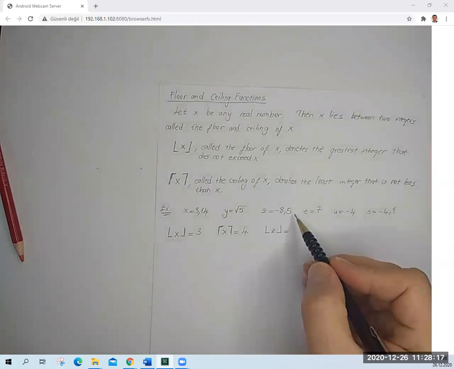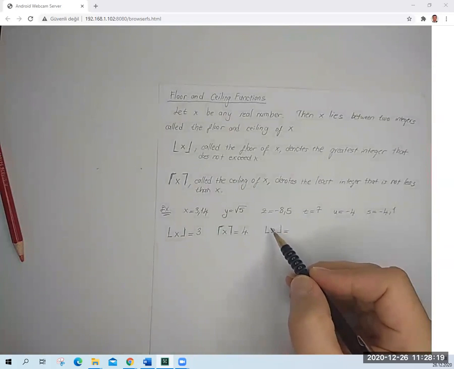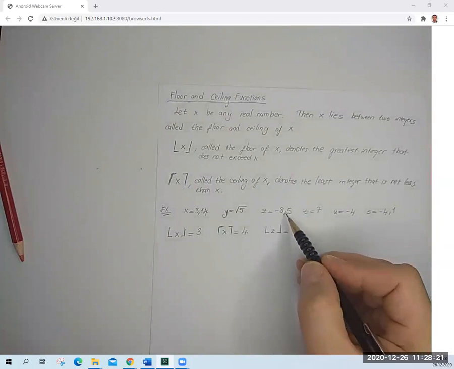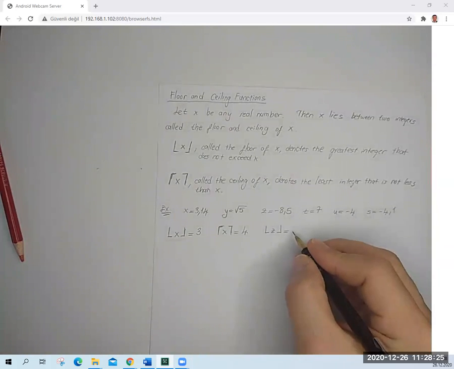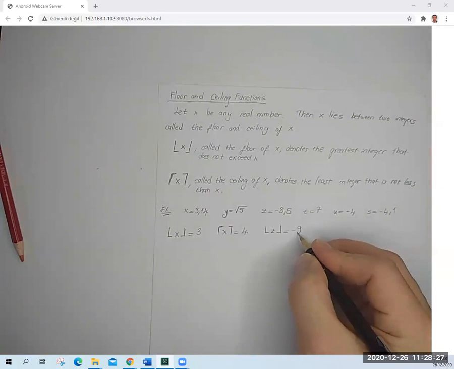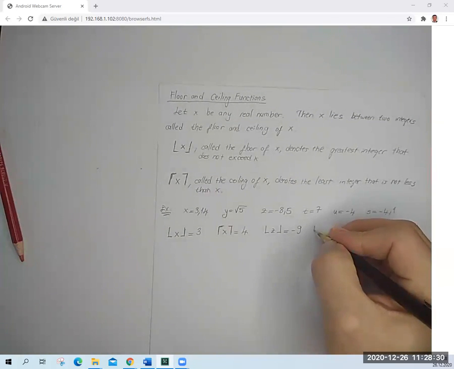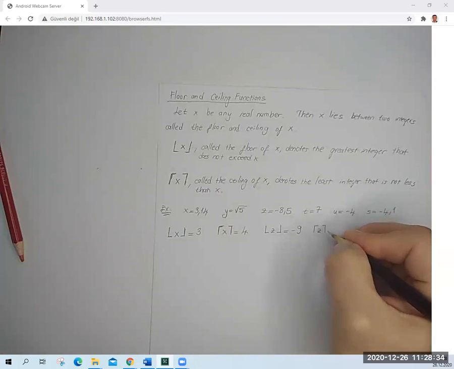As a floor value, you have to go to the smaller side, so minus 9, and if you write the ceiling like that, this is going to be minus 8.